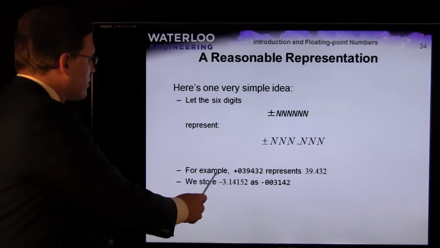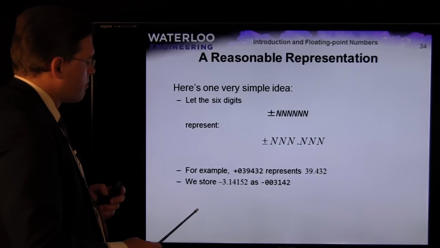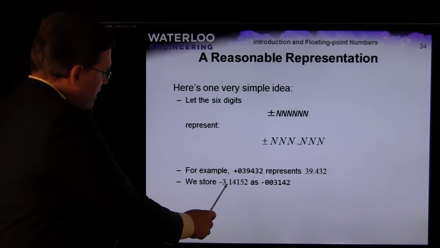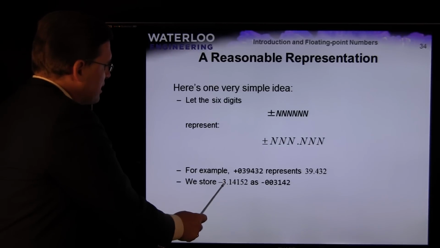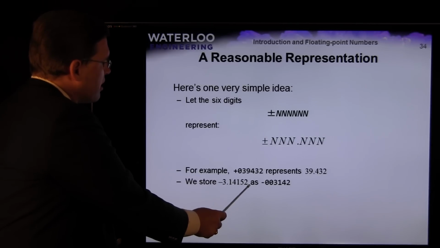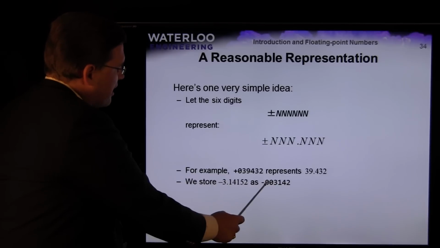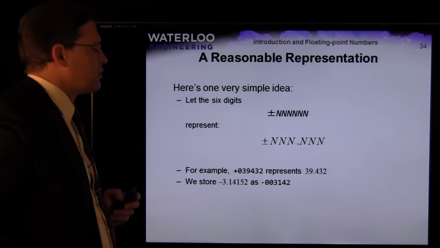On the other hand, if I want to store negative 3.14152, well, here's the decimal point. There's only one digit to the left of the decimal point. I take the next 3 digits after the decimal point. I can round up because this is 52. So I would store this as 003142.